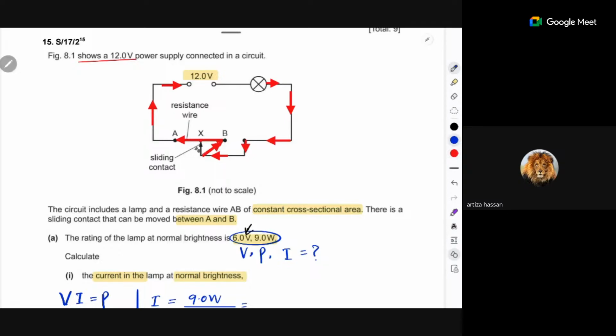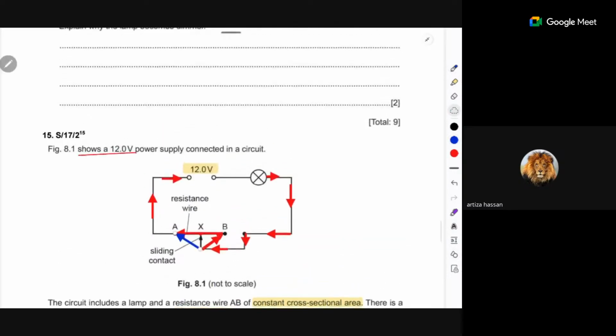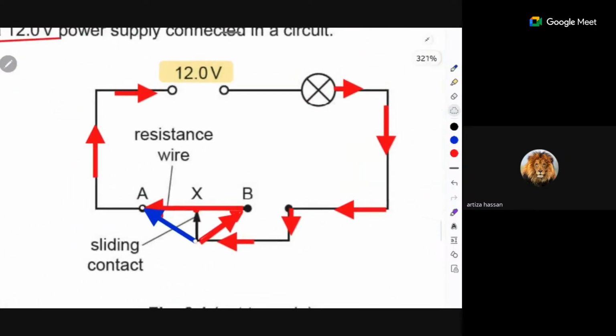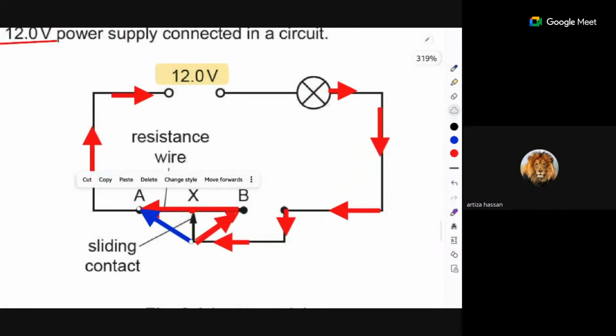Instead of this, if I connect the slider here, there is very little resistance, because it is only the resistance of the wire. If I connect that point here, the blue one, the current flowing has the least resistance path.